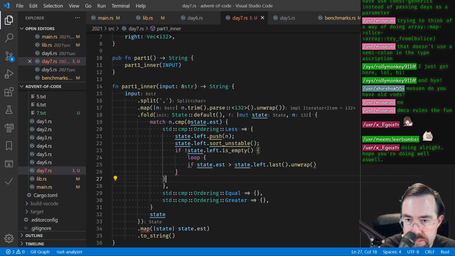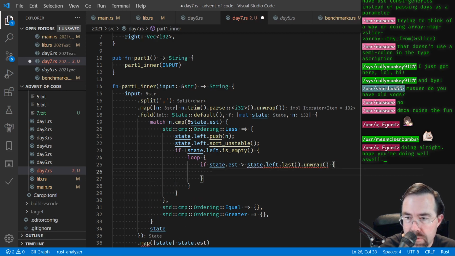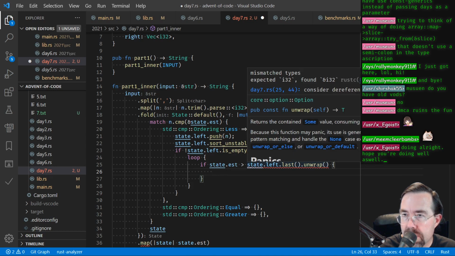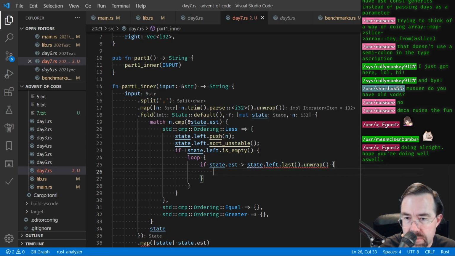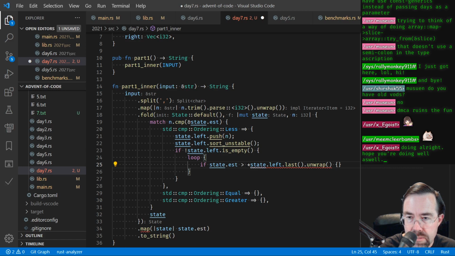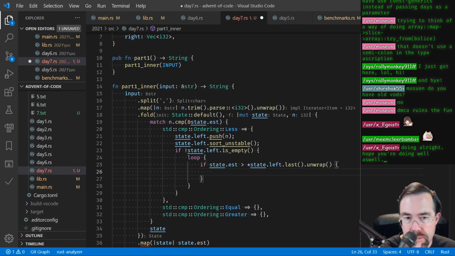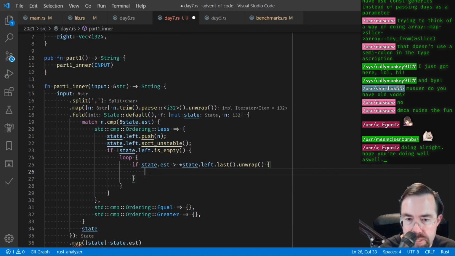I'll probably change this. Oh, dereference. So that's that. All right, so then I can close this so everyone can see with the extreme indentation we're about to perform. If it's greater than, we can definitely move it to the left.